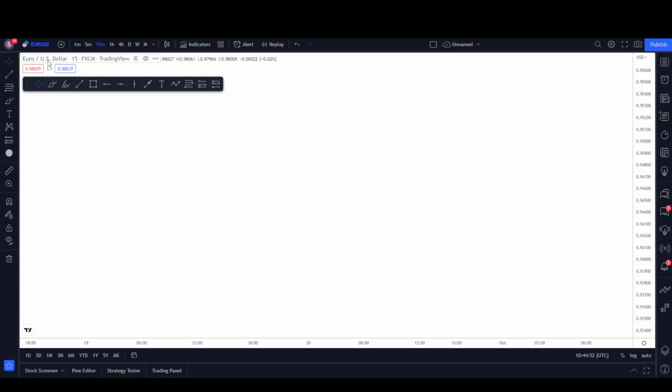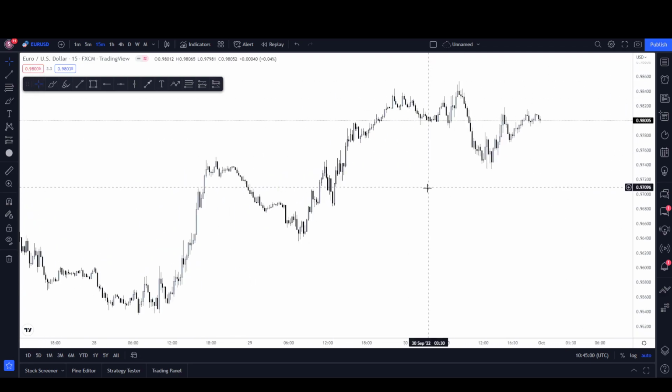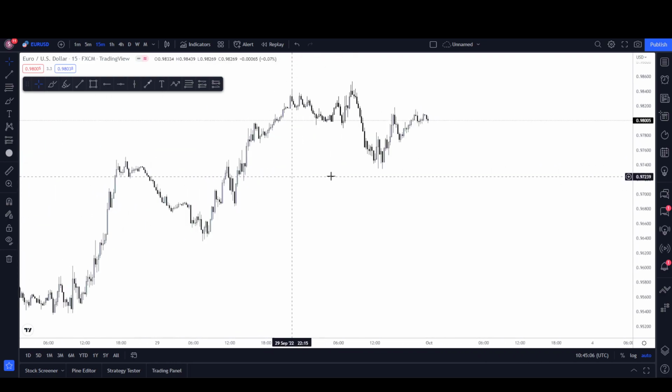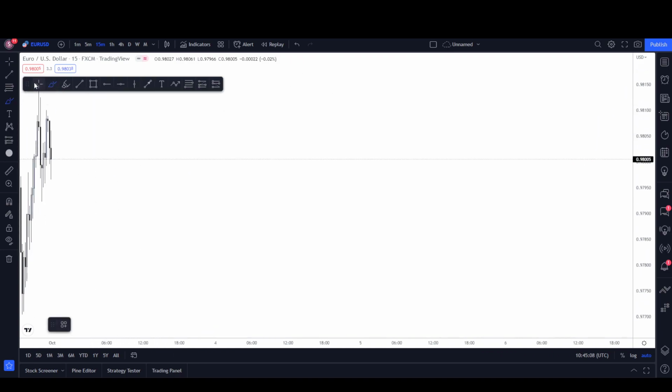It's all the same stuff, at least in my opinion. Maybe I'm wrong, but I don't see it any other way. I just use break structure, so don't get confused. I will never use market structure shift or anything like that. So hopefully that clears that up.